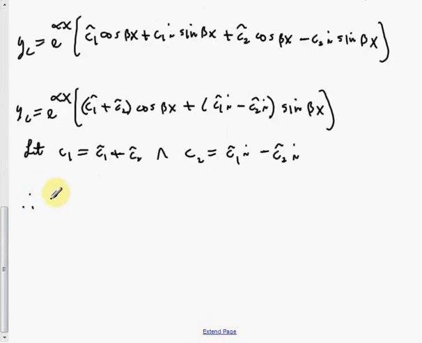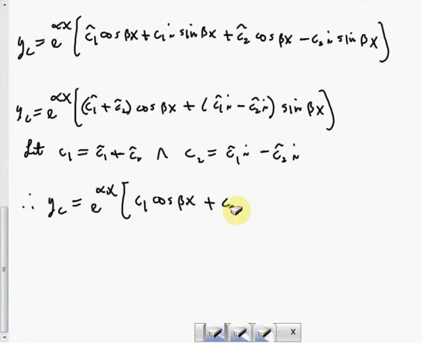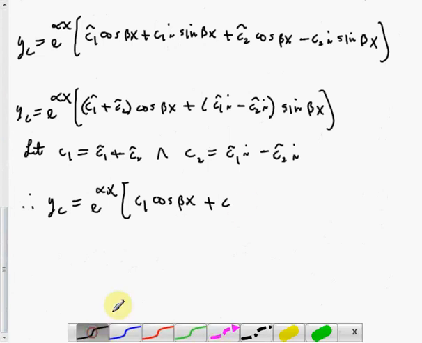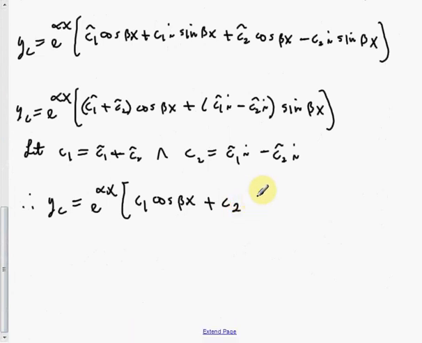So the solution is y sub c is equal to e to the alpha x times bracket c sub 1 times cosine beta x plus c sub 2 sine beta x.